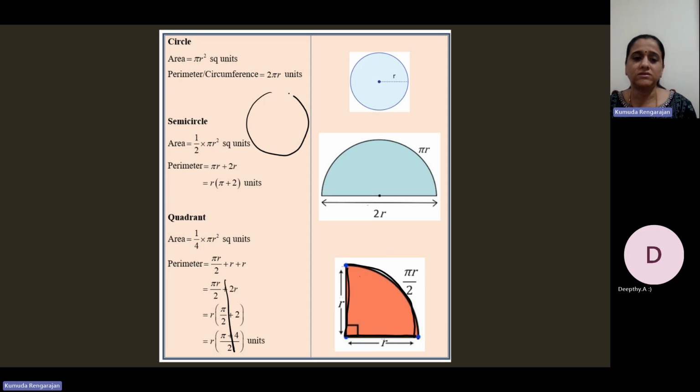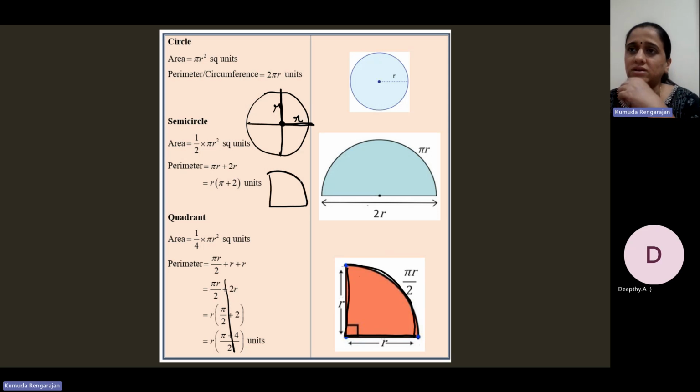Why is that r? See here. Center to any point on the circumference is radius. So radius plus this one, which is 1/4 of the boundary of the circle.